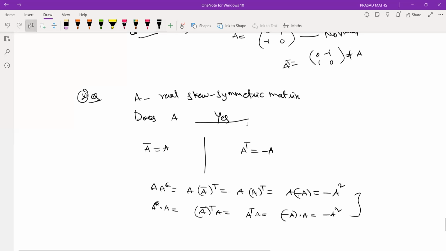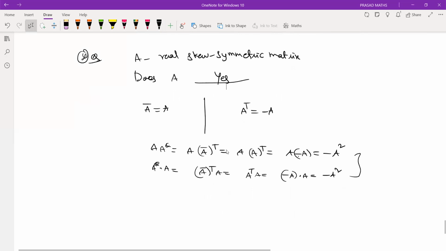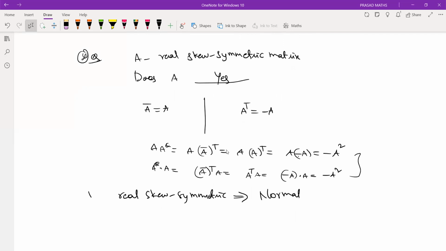Does it mean the converse is true? So what you observe is that a real symmetric matrix and a real skew symmetric matrix are always normal. What about the converse?